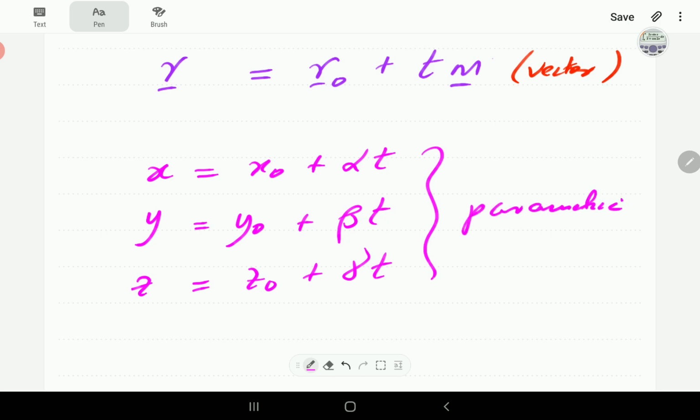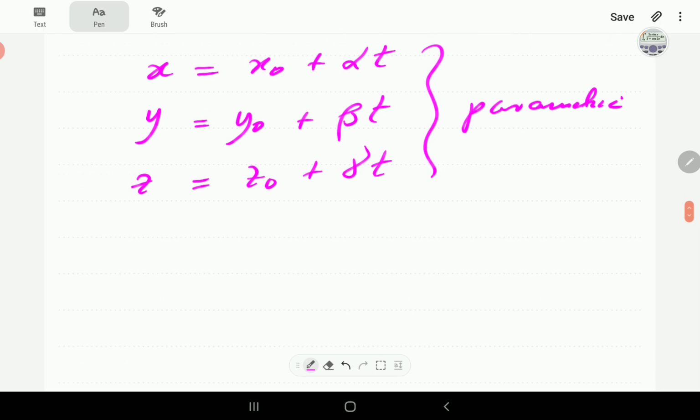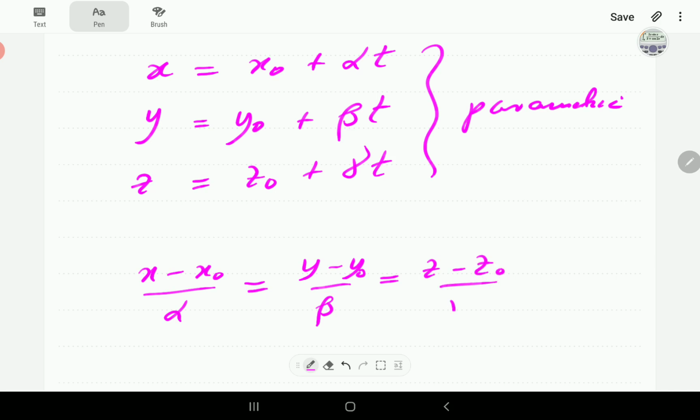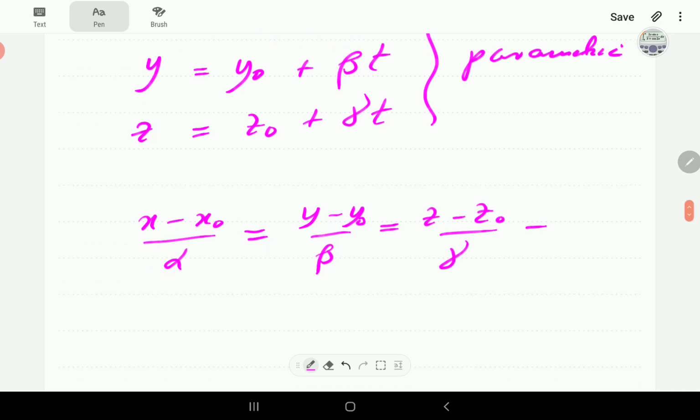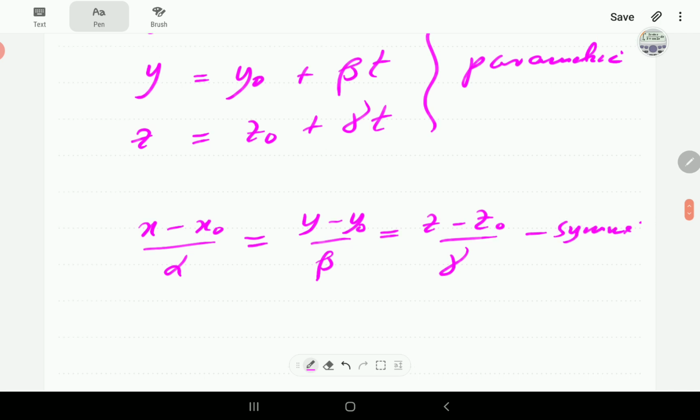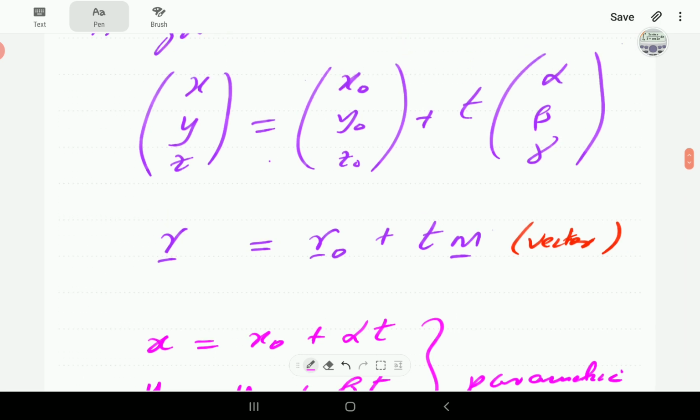You're going to notice that the form is exactly the same as we established for 2D. And then the symmetric form: x minus x naught over alpha is t from the first equation, y minus y naught over beta is t from the second equation, z minus z naught over gamma is t from the third equation. This is the symmetric form. Okay, and you can see that they are exactly the same form as we established for 2D.